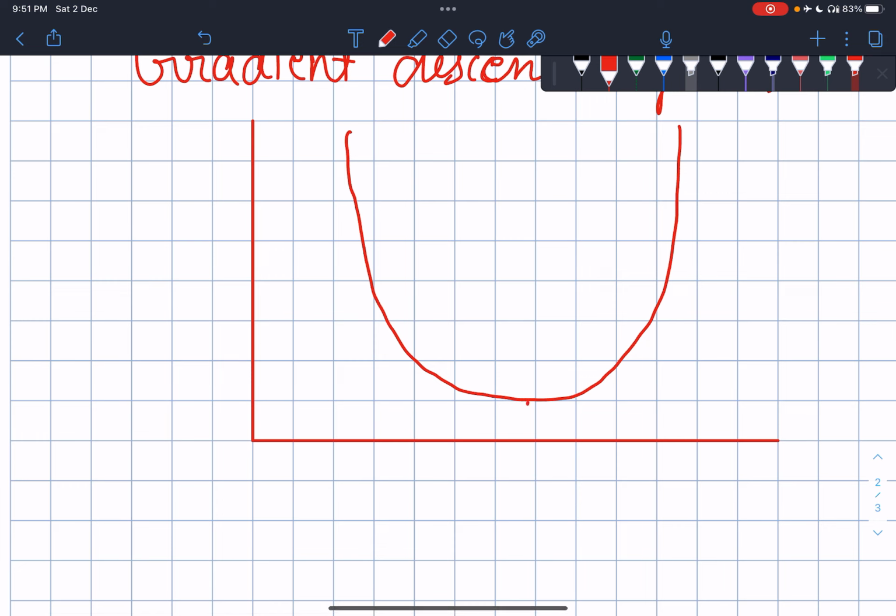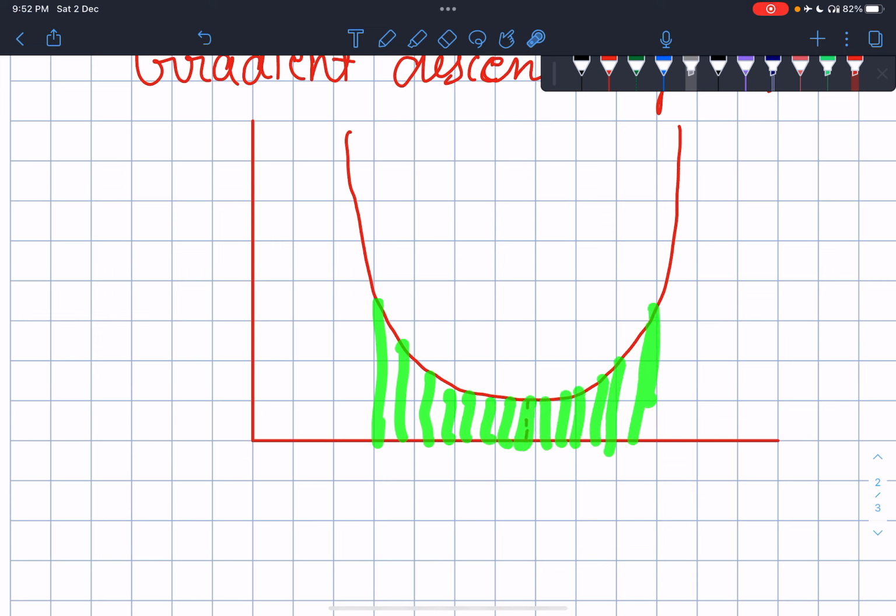We have to find this point, tweaking the parameters in the gradient descent so we can get the minimum distance from the real value.